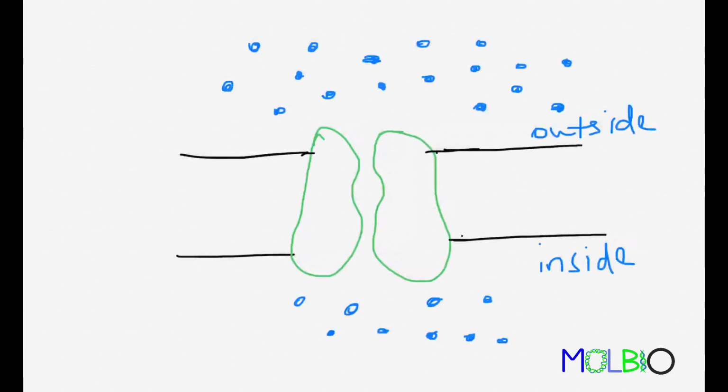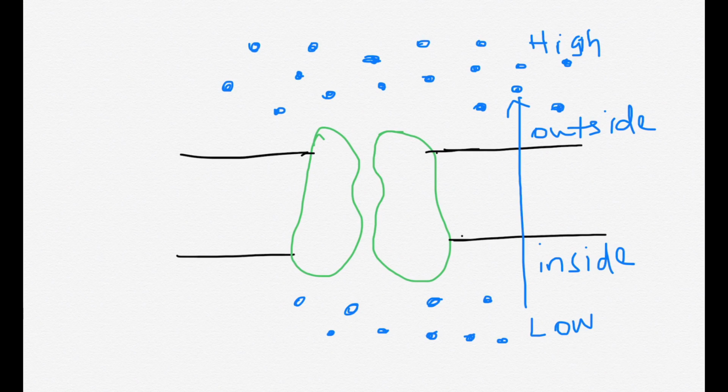Unlike a channel, this cannot happen through simple diffusion, because the concentration outside is high and inside low, so the ion cannot simply diffuse, because it is more crowded outside. It cannot just pass through a channel.